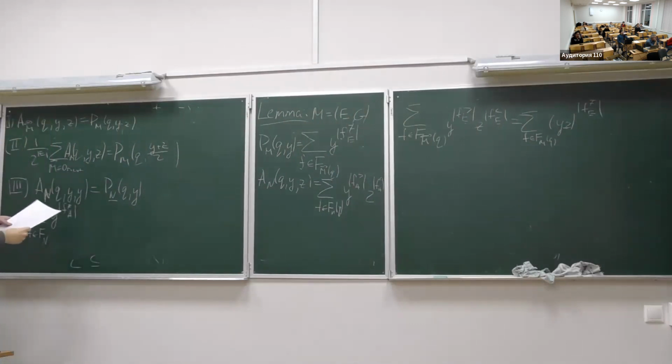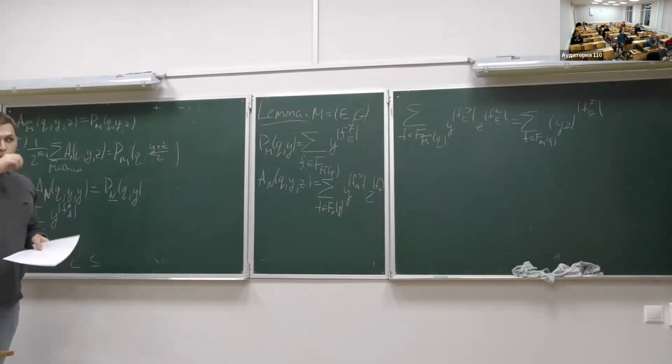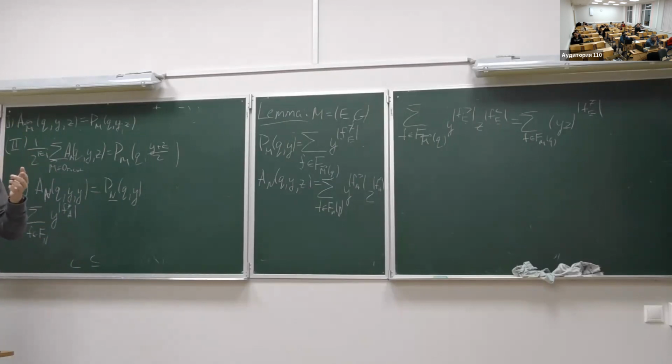So what is M with the arrow? We take a matroid, and for each edge we double it, and we take one with one orientation and the second with the other orientation.